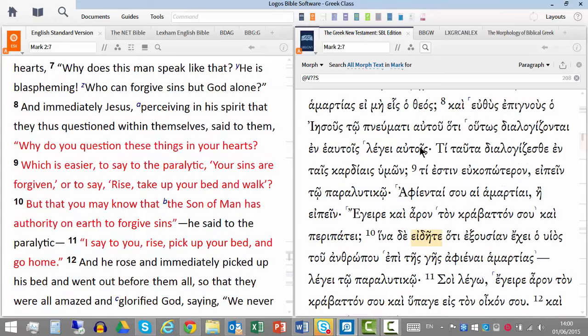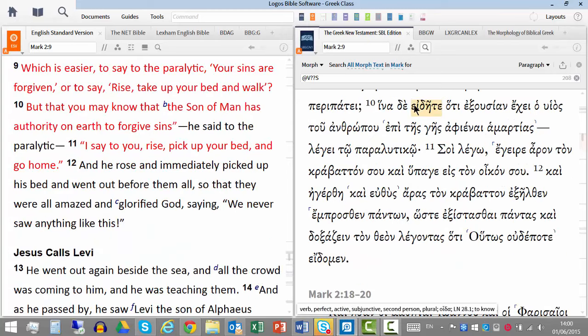Let's scroll down to chapter 2 and look for another one. Eidete. You should know by now that eidon is from oida. It's a second aorist stem. I'll mark it in yellow as a second aorist stem. We then have the lengthened connecting vowel, eta. The lengthened connecting vowel is the key diagnostic for a subjunctive.